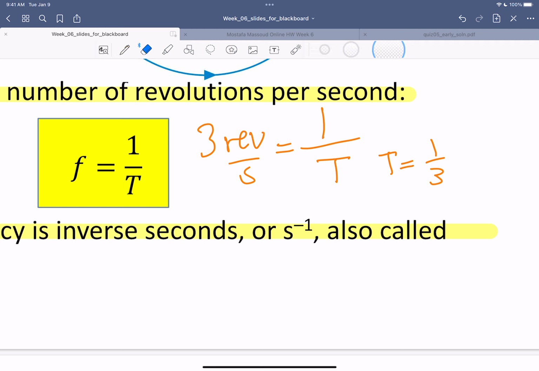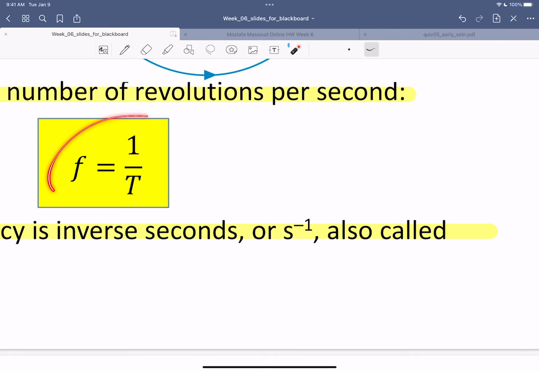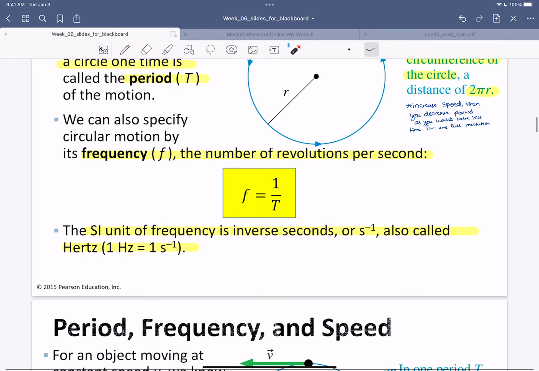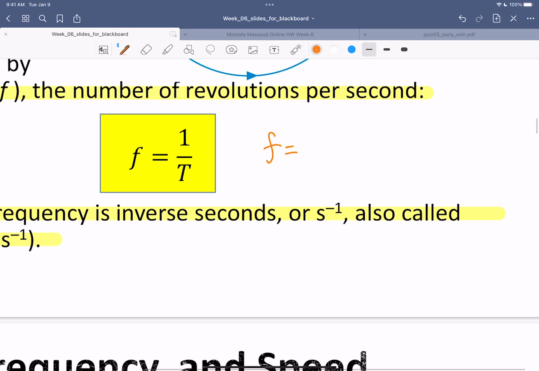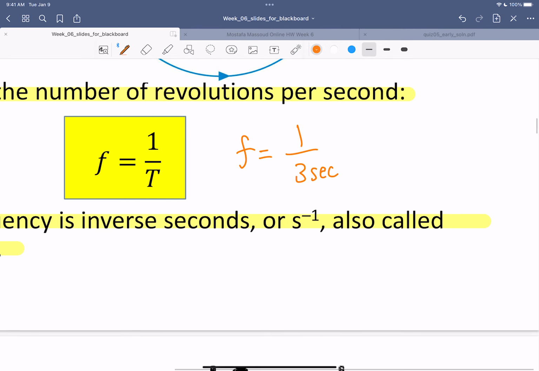So I can use my equation here, frequency is equal to 1 over period, to figure out either one, right? So if I were to also say frequency is equal to 1 over our period, and let's say our period was 3 seconds, so it takes us 3 seconds to travel once around the circle, then in this case, our frequency would just be 1/3, right?